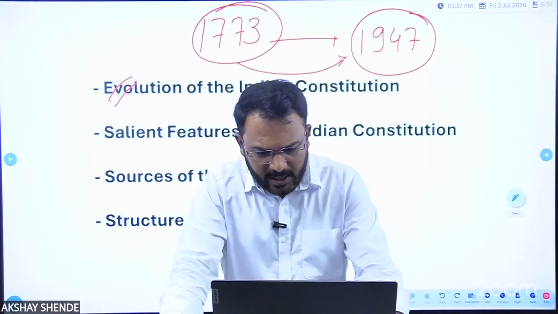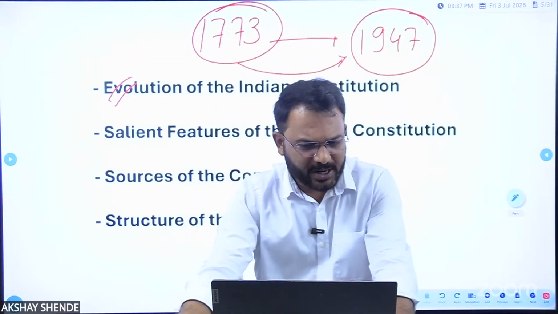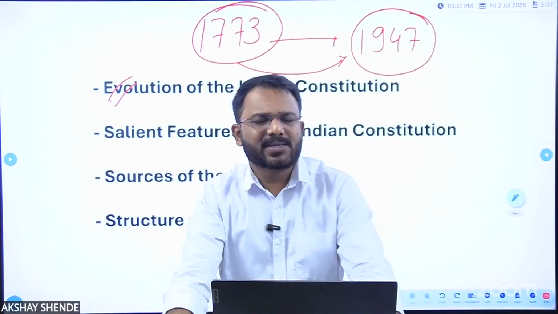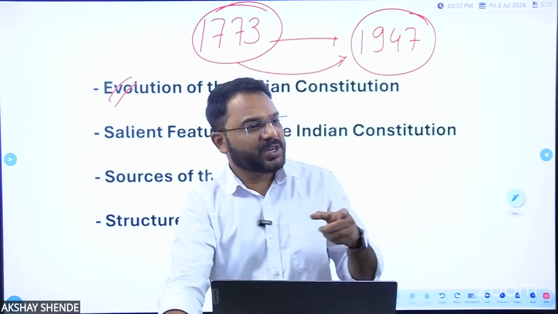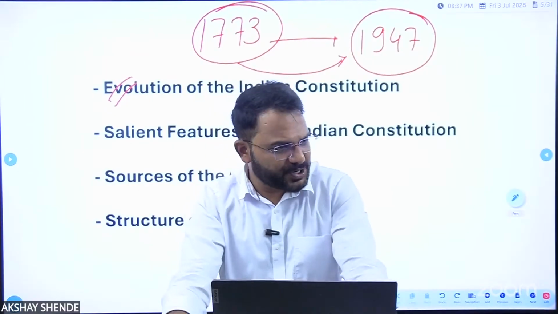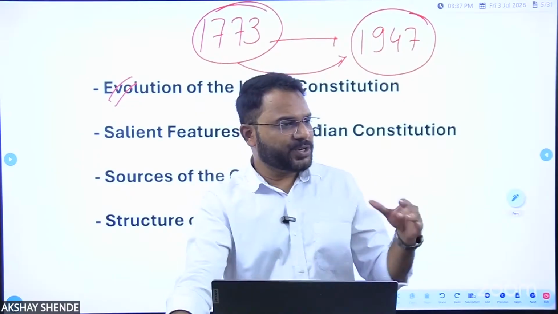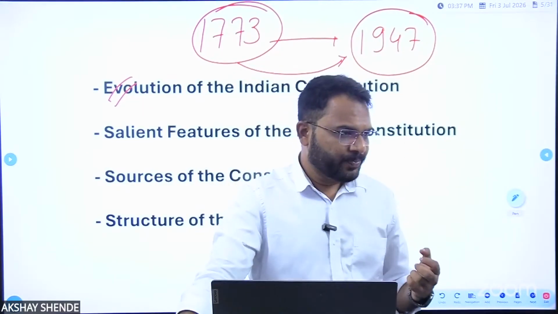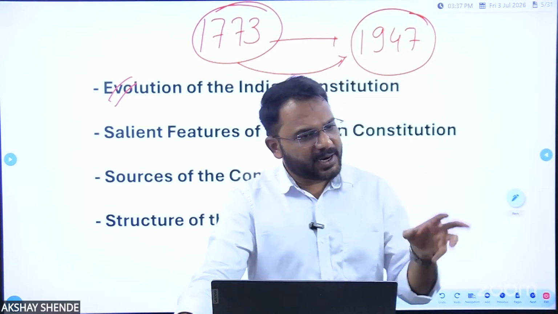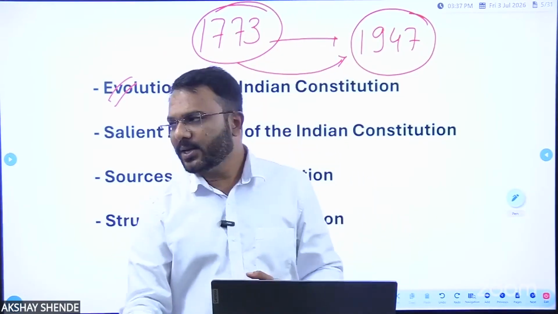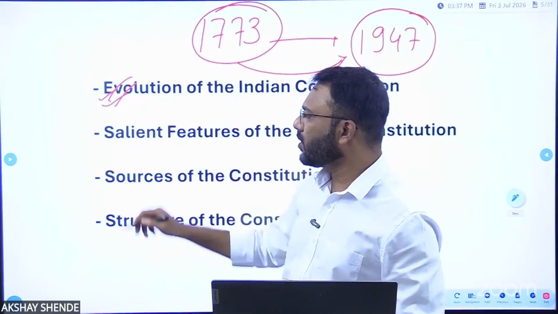Yes, in MPSC we have Deputy Collector, DYSP, ACP, yes, and many others like Tahsildar and all those things. So all this machinery was introduced by whom? It was introduced by the Britishers. Yes, and in this era of the British, all these systems evolved. Yes, similarly, law also evolved with them. Yes, so we have to study this evolution of our constitution.